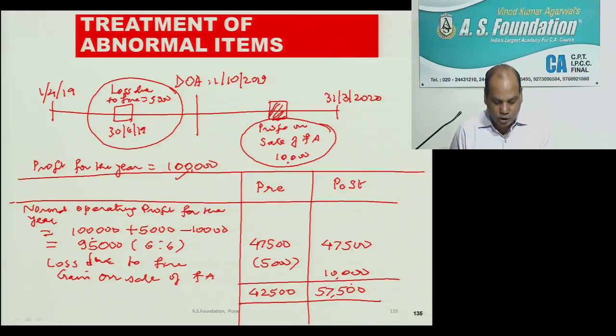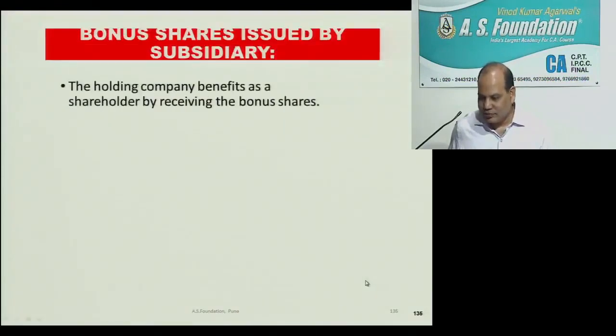Then find the normal profit. Apportion normal profit on time basis. Reinstate the effect of abnormal items to the period to which they relate. Abnormal loss, deduct in the period to which it relates. Abnormal gain, add it to the period to which it relates. Yes or no? That is what is written.